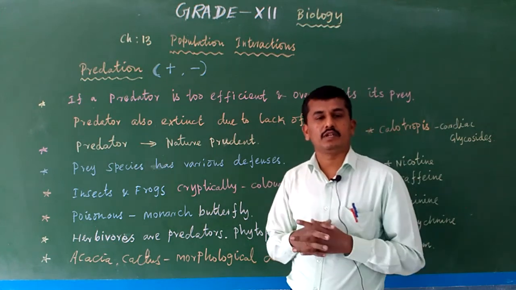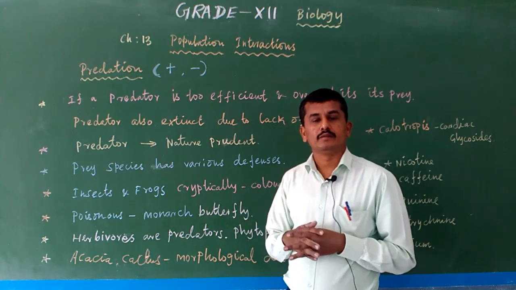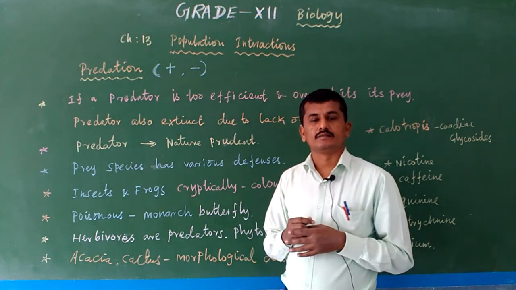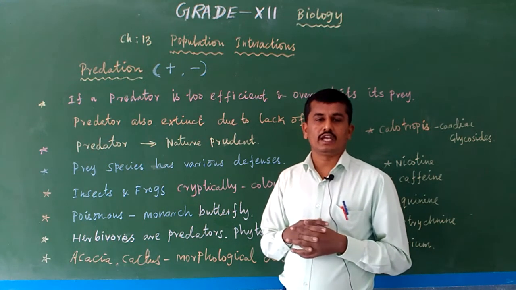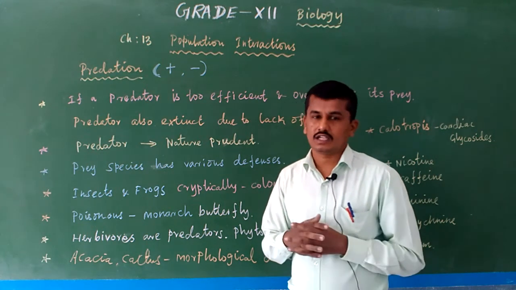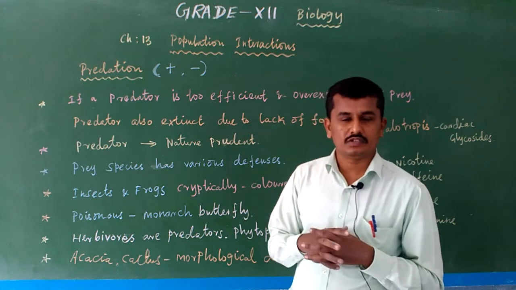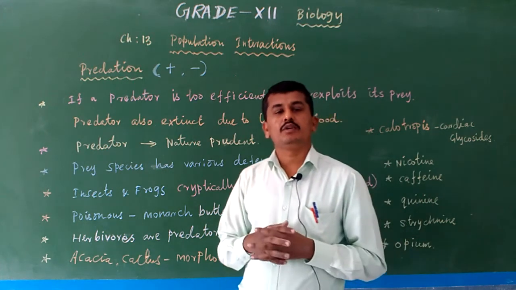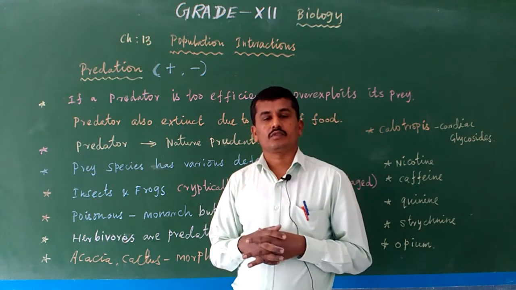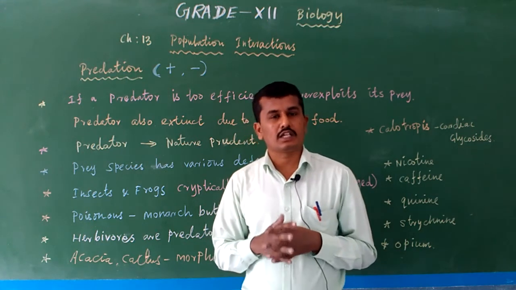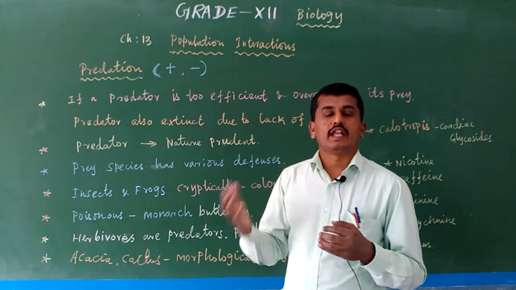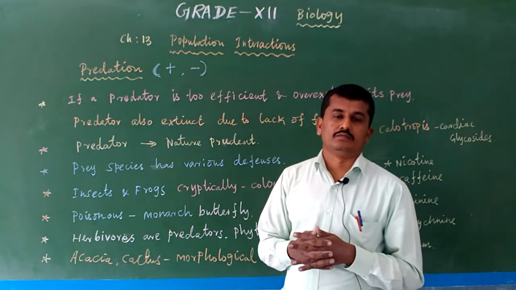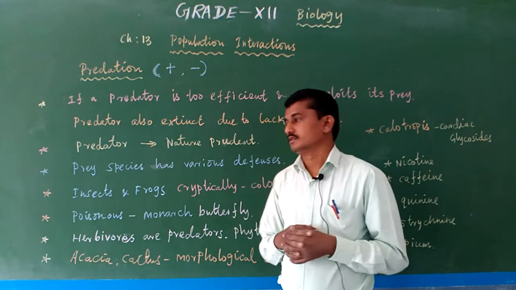Why is the snake population under control? Because of the eagle, which eats the snake. Why is the grass population under control? Due to herbivores. So various populations are kept under control by the next trophic level organisms, like predators.